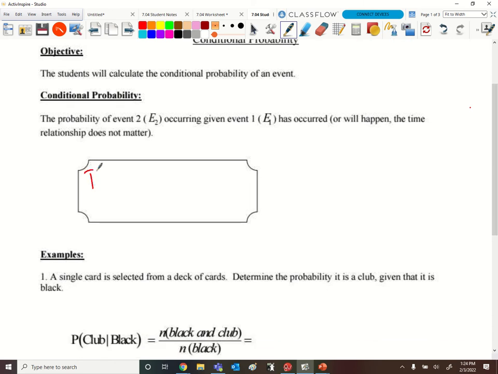It's going to be P of event 2 such that event 1 has happened is P of E2 and E1 over P of E1. Write that right. So this is the formula, so we can at least understand what they're talking about.